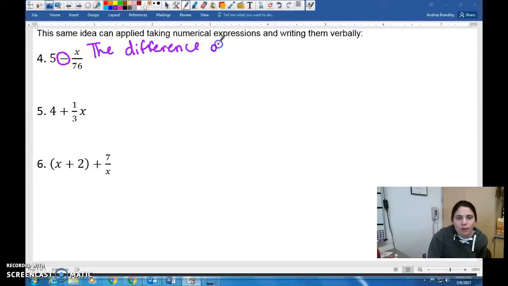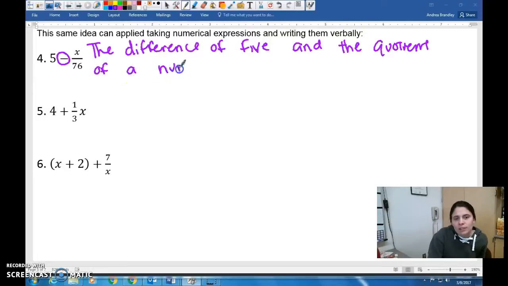So I'll start with the first part of 5 and the second part. So I'm dividing here, so it's the quotient of some number x, so of a number x. And now in some problems on your assignment, it will just say a number. It won't say x.